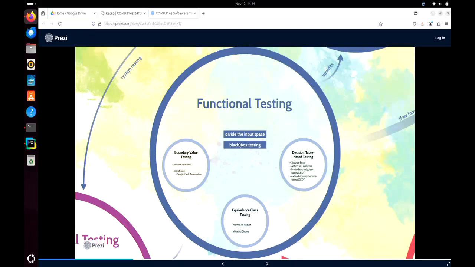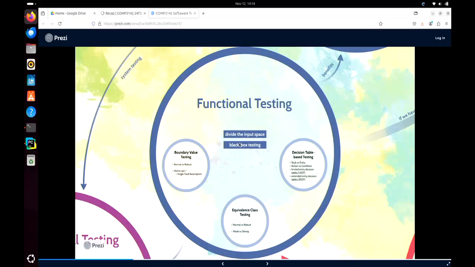So the key of all these functional testing techniques is how we should divide the input space. For example, we can use boundary values to divide the input space. We can use equivalence classes to divide the input space. We can use the relations between actions and conditions to divide the input space.